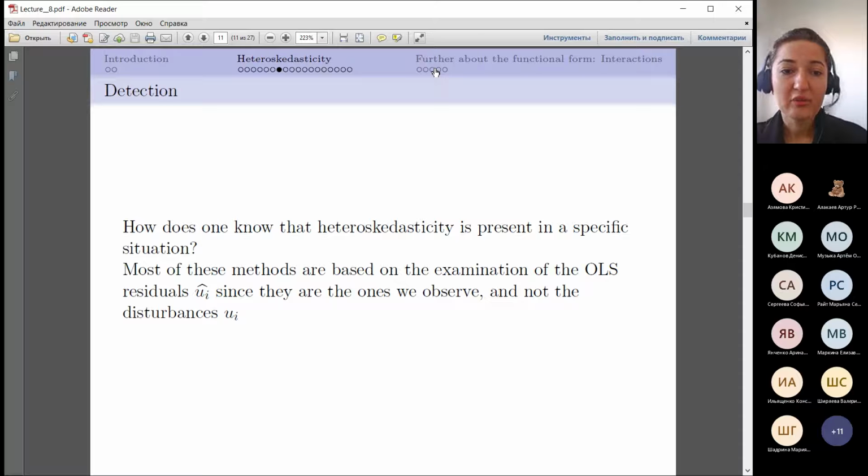But before this, we need to check with some methods if we really can assume that we have this problem. In principle, there is no limit to the possible different types of heteroscedasticity, and accordingly a large number of different tests appropriate for different circumstances have been proposed. But we are going to discuss only two of them.